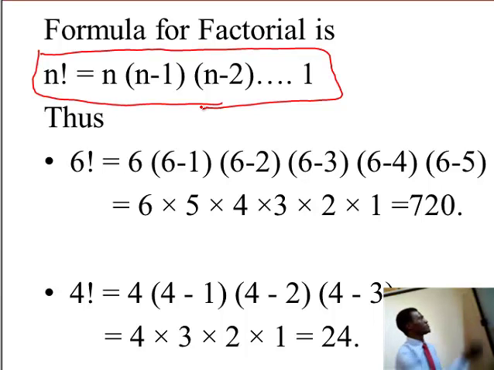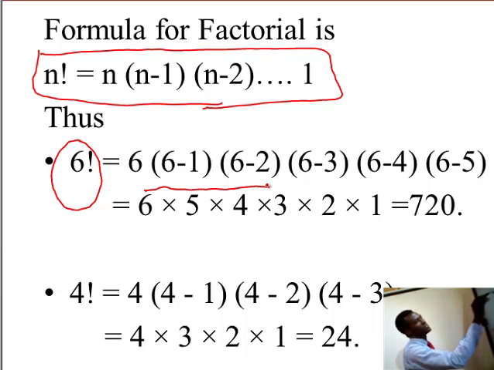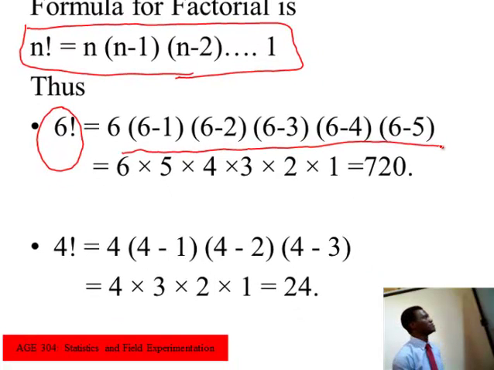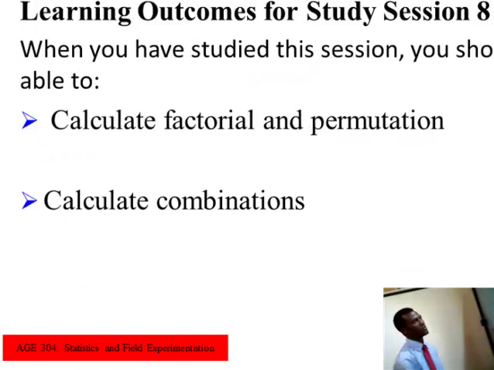Thus, if you are to get the factorial of 6, then it will be 6 times (6 minus 1), (6 minus 2), (6 minus 3), (6 minus 4), (6 minus 5), and so on and so forth. Now, we multiply them together, then we arrive at 720. The same thing goes for the 4 factorial.